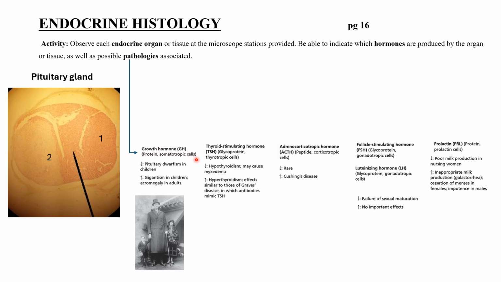As a reminder, the hypothalamus secretes growth hormone releasing hormone and growth hormone inhibiting hormone, which regulate growth hormone. Under the influence of the releasing hormone, the somatotropic cells in the anterior pituitary secrete growth hormone.